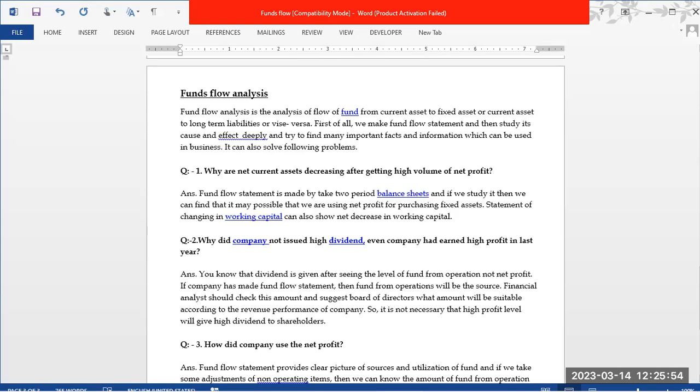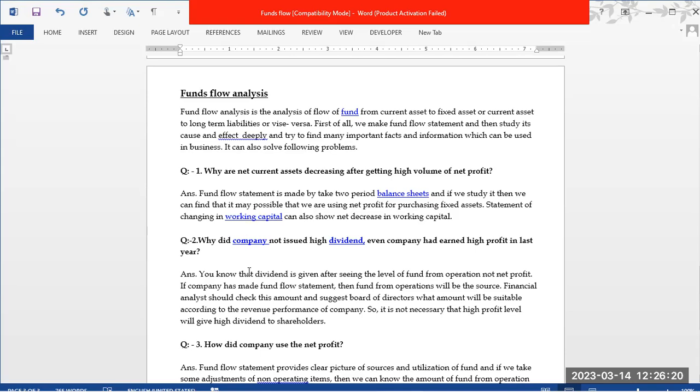If we study it, we can find that it may be possible that we are using net profit for purchasing fixed asset. The statement of changes in working capital can also show a net decrease in working capital. And I hope you have gotten that very clearly. In simple terms, the fund flow statement can make a two-period balance sheet and it can be used for analysis purposes.